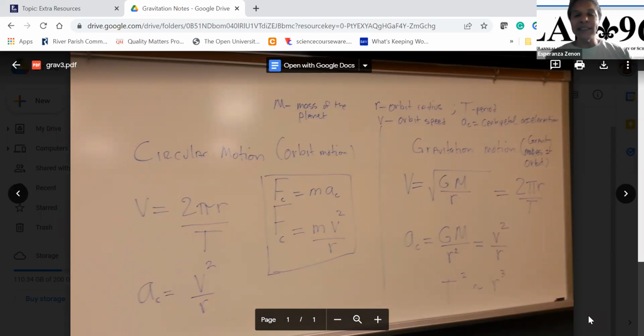So the red writing was just extra, but these are the formulas that you need for circular orbit motion, gravitation orbit motion. Okay, and I didn't write the force for gravitation motion, but that's Newton's universal law of gravitation. If I were going to do the force, it equals big G M1 M2 over r squared, right?